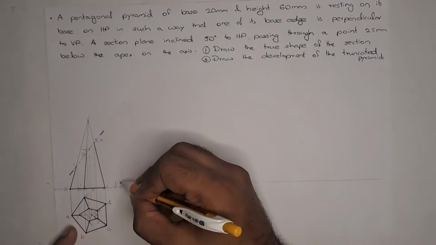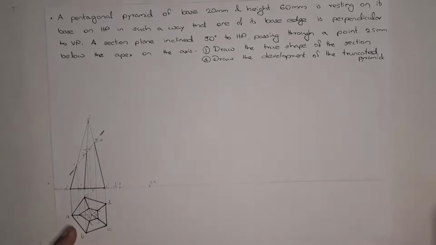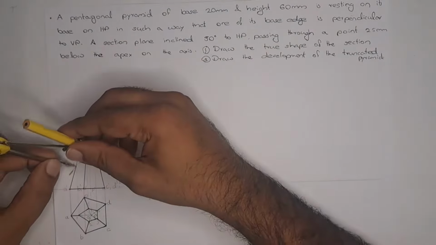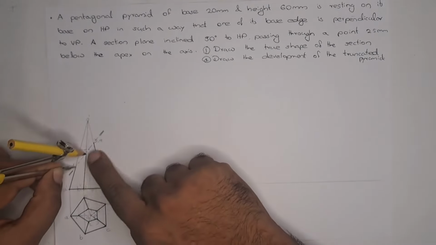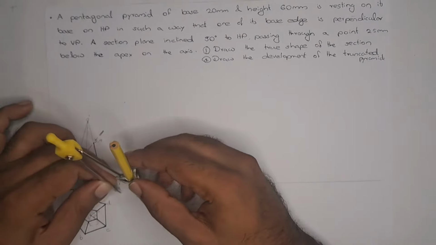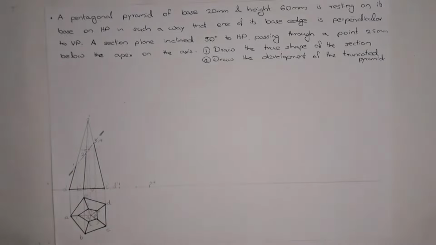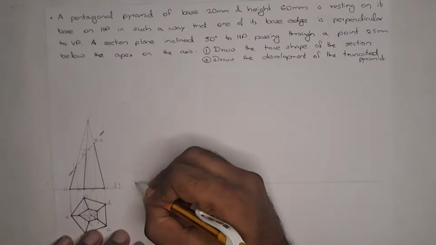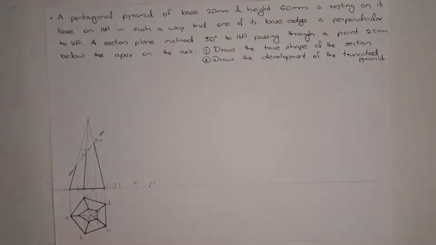So this is 1 and 3, 4. Take the 1, 2 distance and mark it here. So the points are marked: 1, 2, 5, 3, 4. Now we have to draw perpendicular lines.